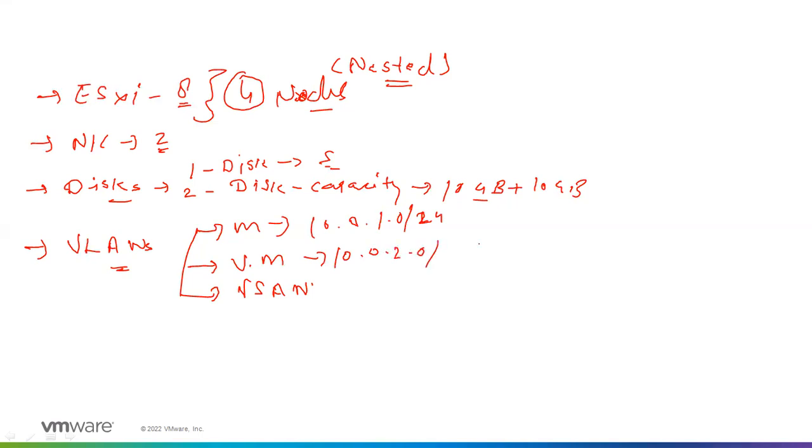For vMotion take this, and for vSAN this. This is just a prerequisite you have to prepare. How will you provide communication between these VLANs within the workstation? That's an important thing here.